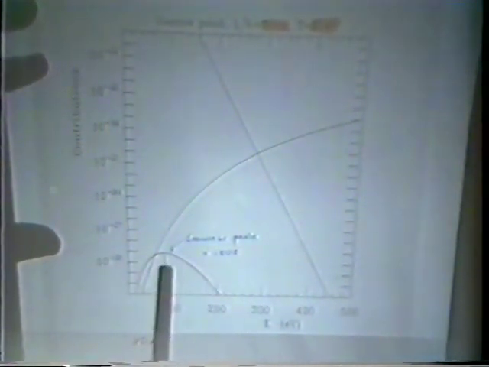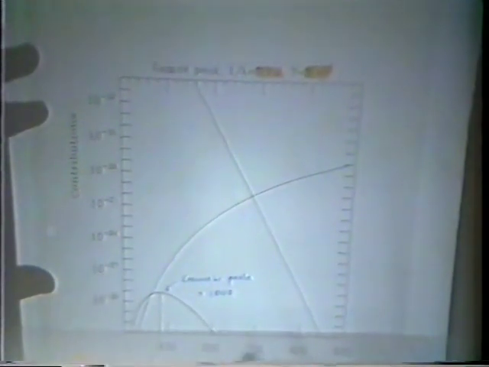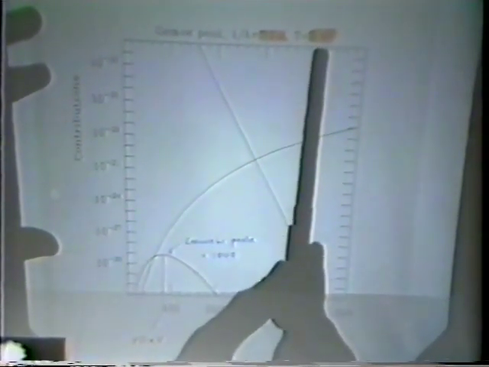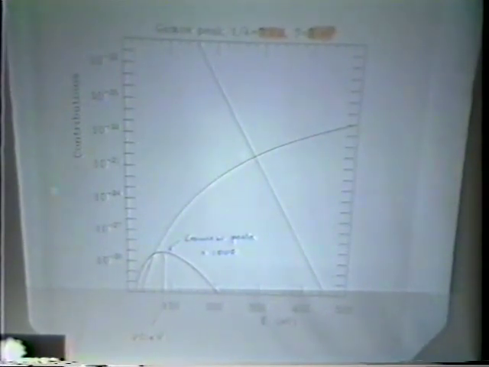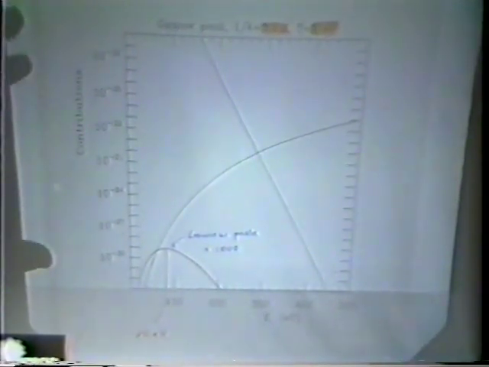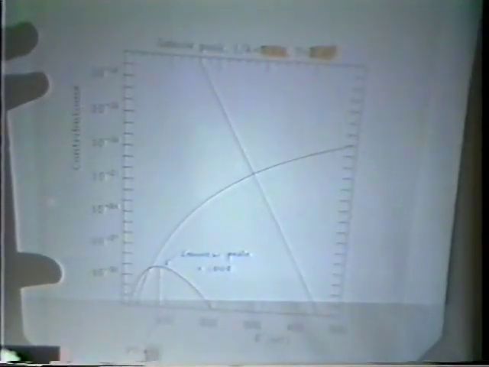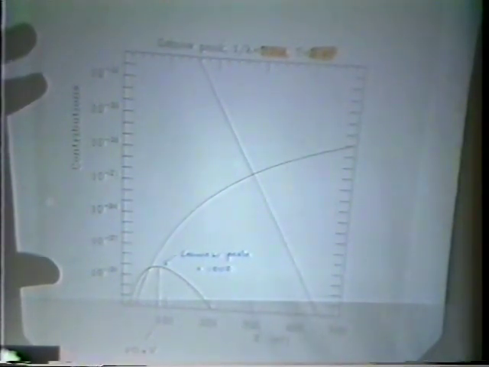And the important thing to note is that, in fact, it reaches its peak very high above the temperature at which you're working. This particular calculation, which I've done here, was, for an example, 5 electron volts. This is approximately 500,000 degrees, a very lukewarm plasma. And you can see that the peak reaches a peak at about 80 electron volts compared to the 5 electron volts, which is the temperature that you're working at.